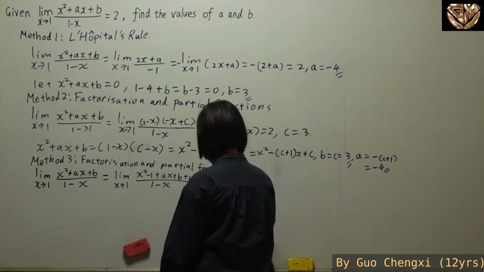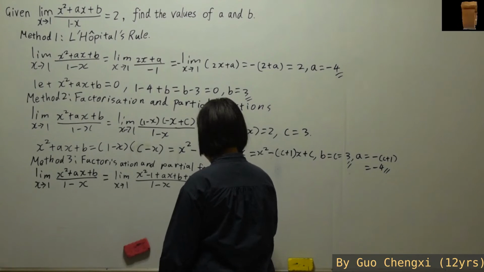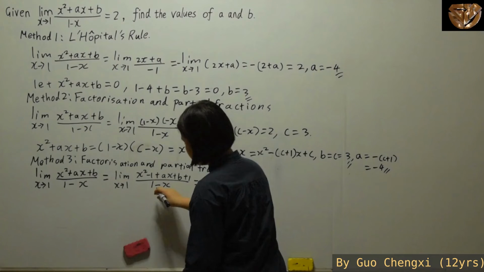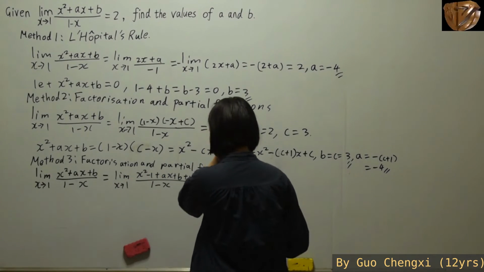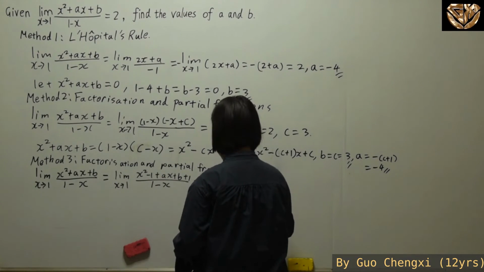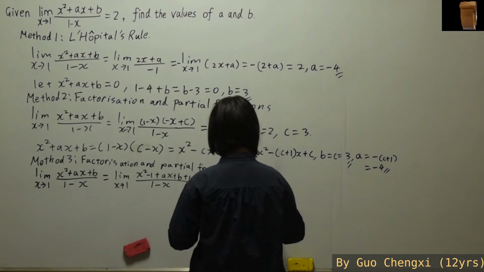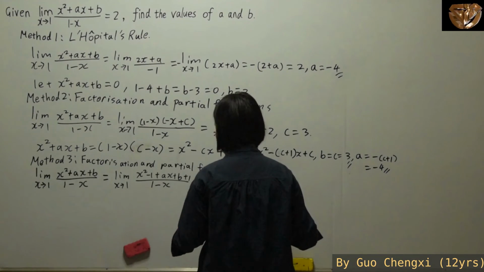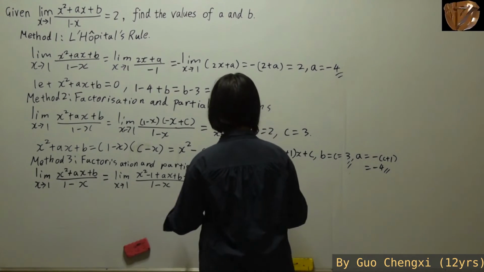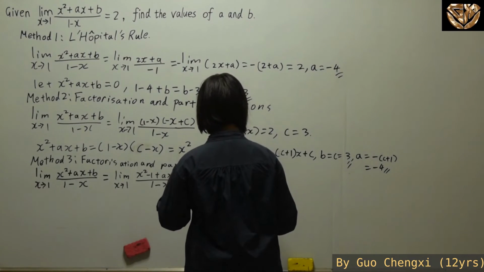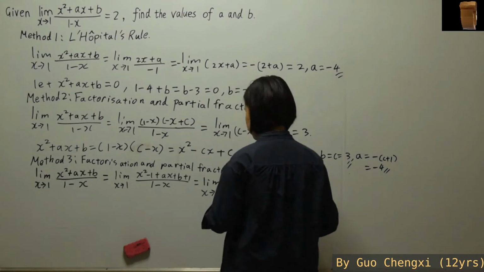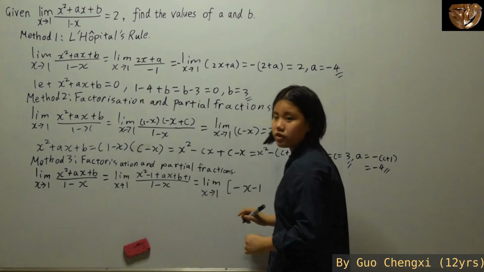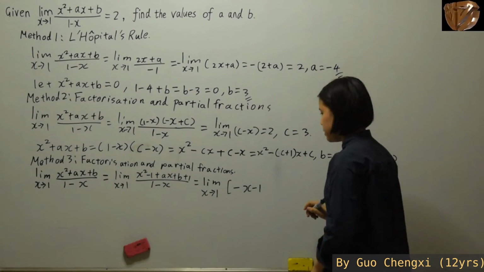So we'll have 1 minus x, and then for this part, we will have a negative x minus 1, so negative x minus 1 times, so basically negative x plus 1, then after that it will times 1 minus x.